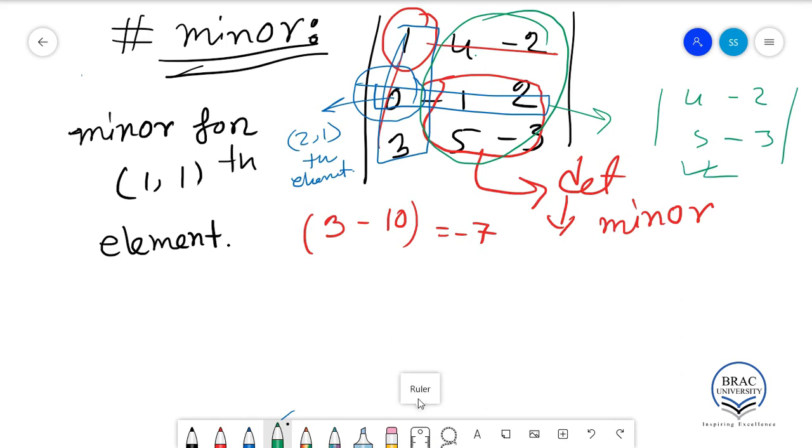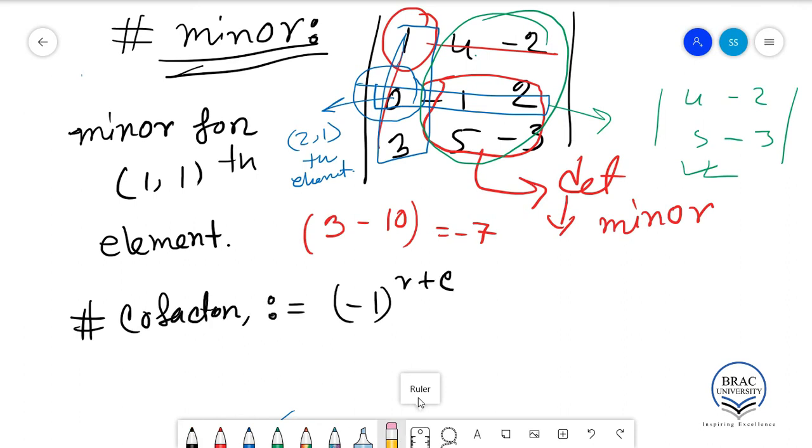And let's talk about another thing right now, and it's called a cofactor that is related with the minor. So if you want to evaluate the cofactor for any element, you just have to multiply the minor of that element with minus 1 to the power r plus c.